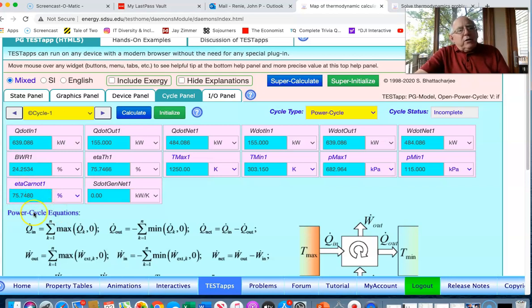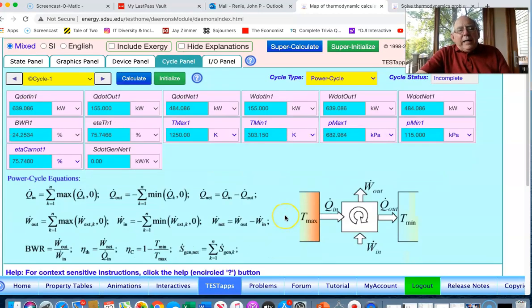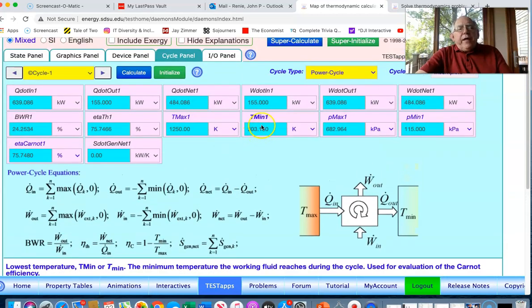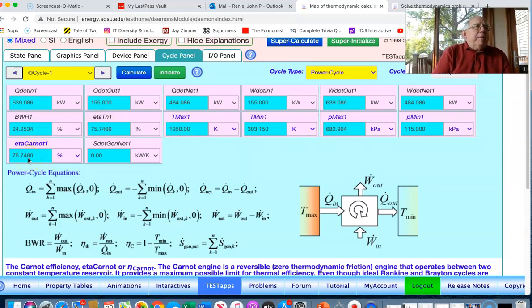And the Carnot cycle's efficiency is simply 1 minus the low temperature in the system divided by the max temperature. And so that's why they're showing you the max and the min. When you take 303 divided by 1250, take that ratio and subtract it from 1, you get about 75%.